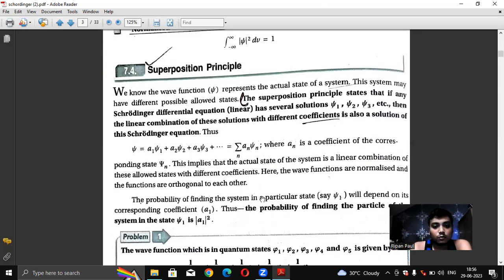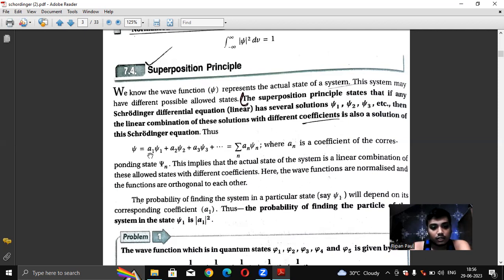Now you find the superposition principle. The superposition principle states that if a Schrodinger differential equation has several solutions, psi 1, psi 2, psi 3, which are various wave functions, then their linear combination is also a solution: A1 psi 1 and so on. Here you find the probability of finding the particle.